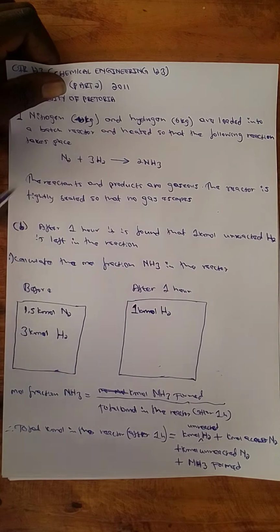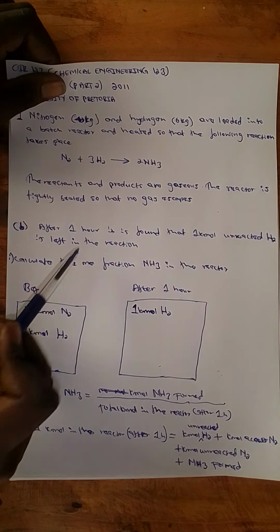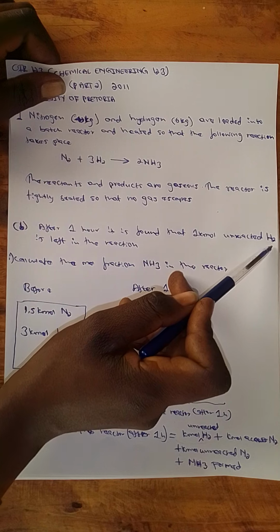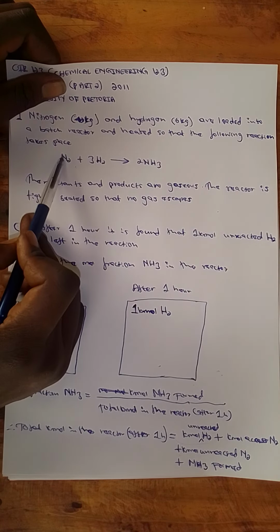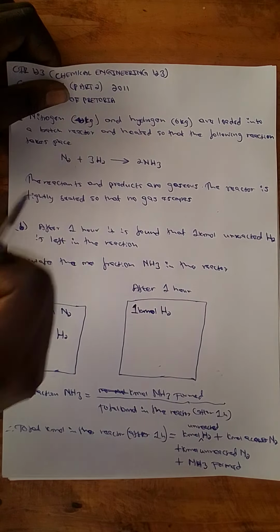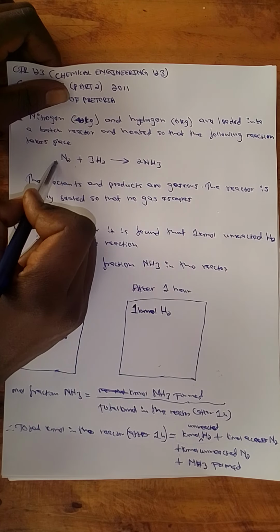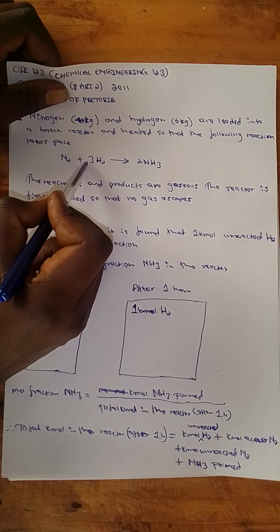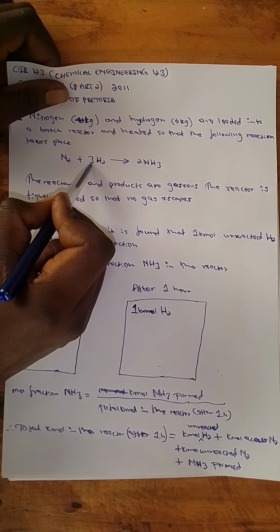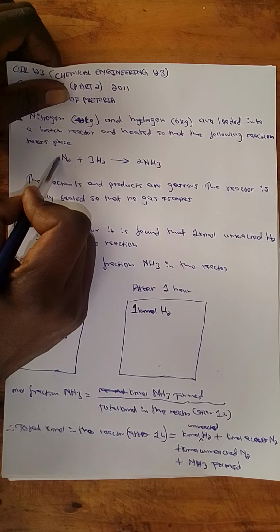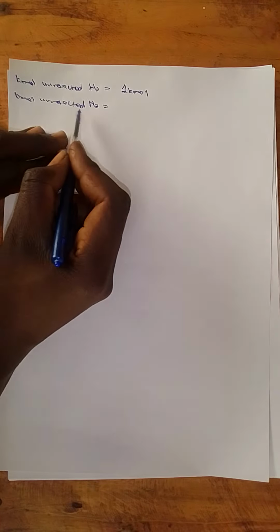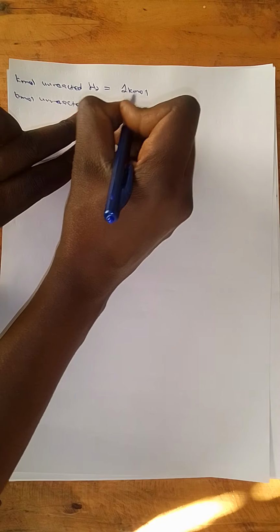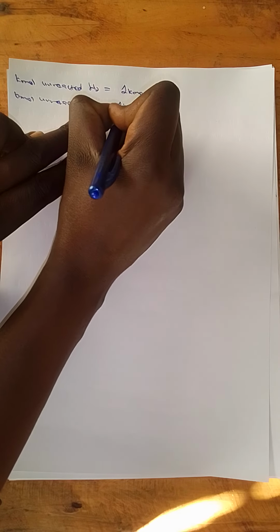We can use the 1 kilomole of hydrogen that is left and the chemical equation to figure out how much nitrogen. When we look at the equation, we realize that for every 1 mole of nitrogen, there are 3 moles of hydrogen. So for every 1 mole of hydrogen, there is going to be 1 divided by 3 of nitrogen. So that means the kilomole unreacted N2 is going to be 1 kilomole.